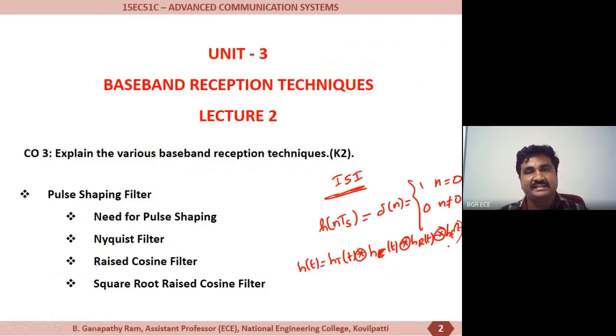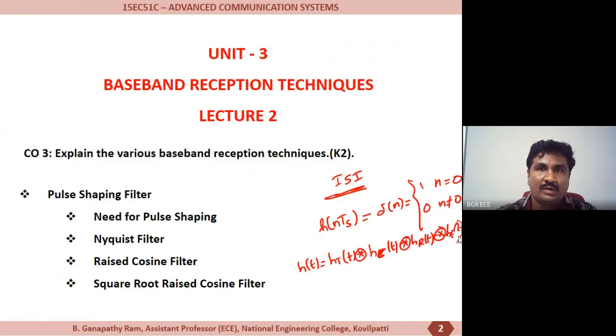Where ht of t is the impulse response of the transmit filter, hc of t is the impulse response of the channel, hr of t is the impulse response of the receive filter, and he of t is the impulse response of the equalizer.